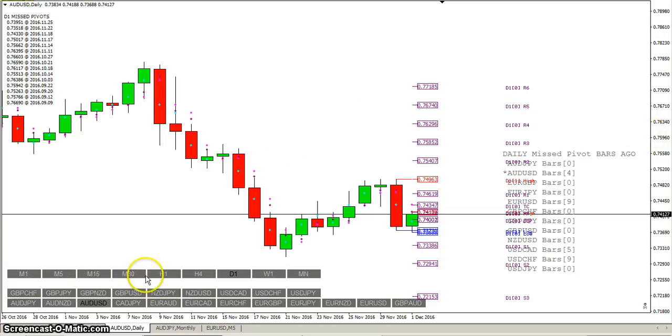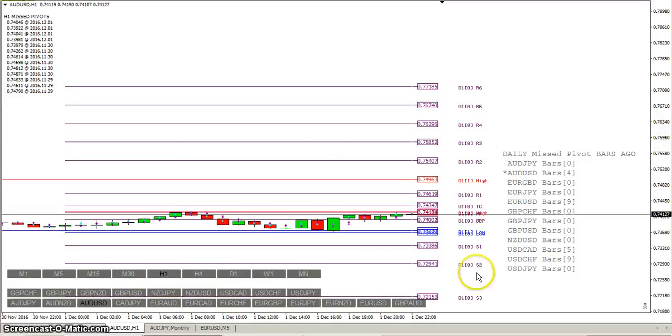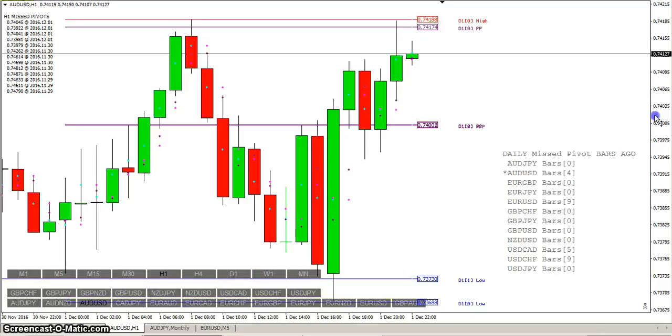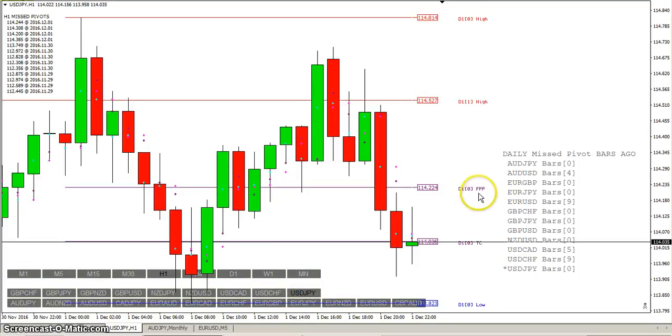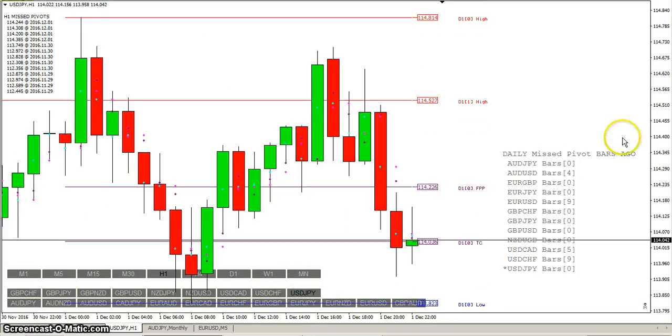So what I want to show you here, and it's going to be hard to see it on this particular, let's see, FPP. This is the future pivot, and as you can see, as price moves, this moves.